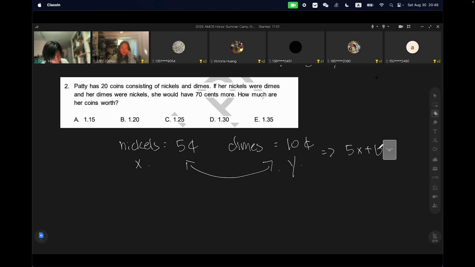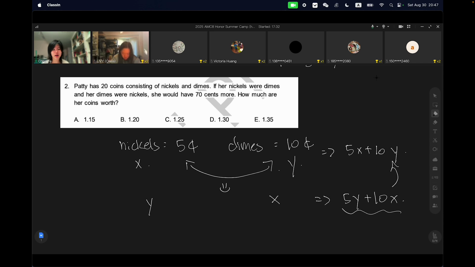And if her nickels were dimes and her dimes were nickels, which means that if she had y nickels instead and x dimes instead, then she would have 5y plus 10x. So it's basically saying that this 5y plus 10x has 70 cents more than 5x plus 10y.